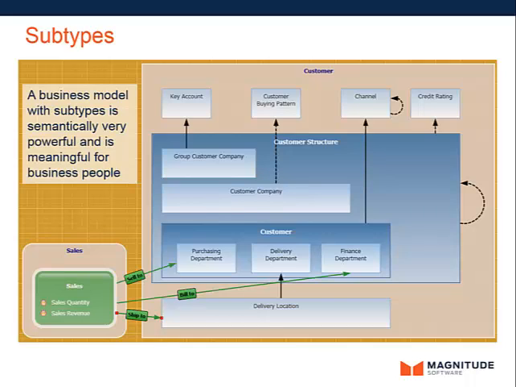They might even refer to something like the delivery location, which indeed refers to the delivery department. So quite a complex structure here. And we have different groupings and classifications for different levels of our customer definition. So quite a complex set of subtypes there, but fairly easy and clear to understand in that business model form.